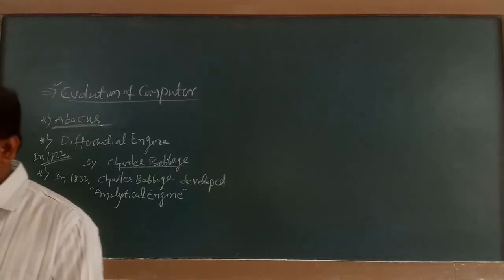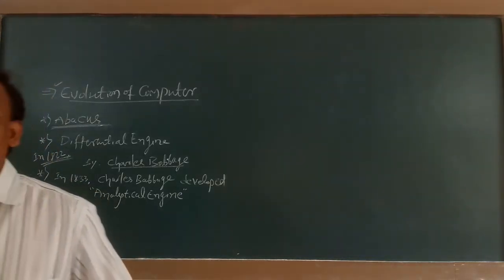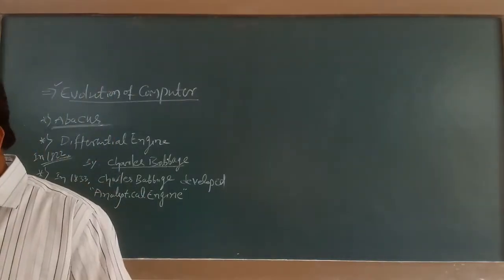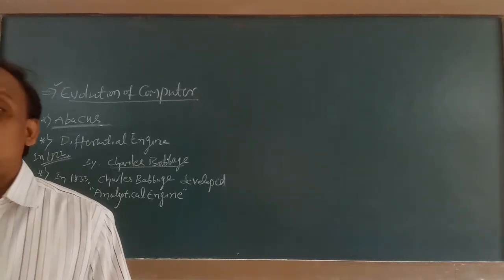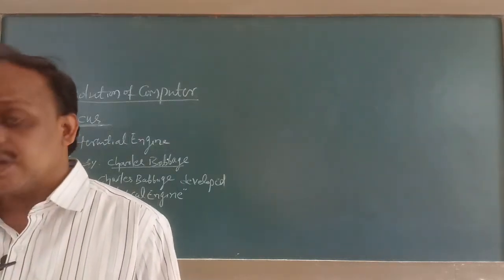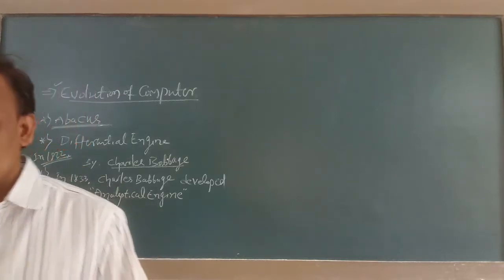Charles Babbage is a mathematician of the Cambridge University. When Charles Babbage invented this differential engine, it was operated by a machine built with wheels.